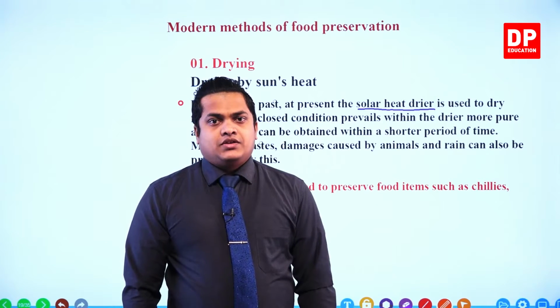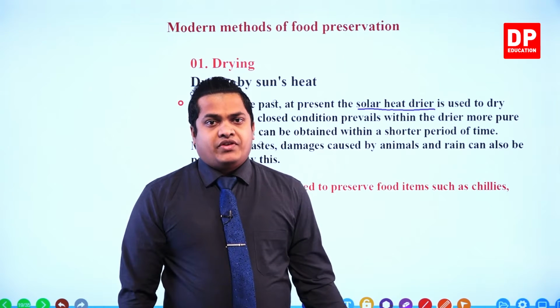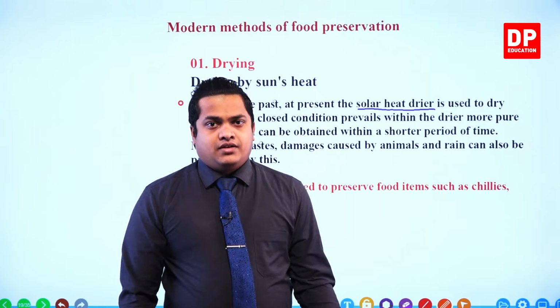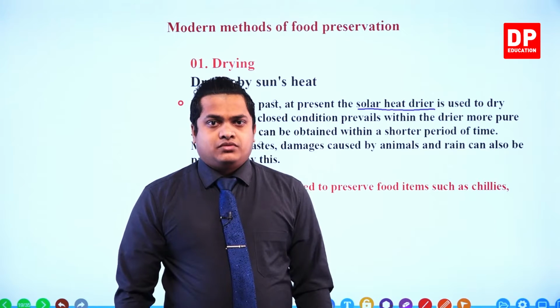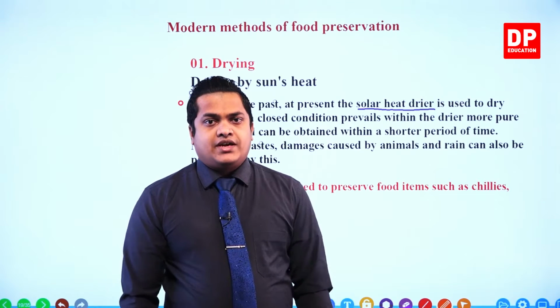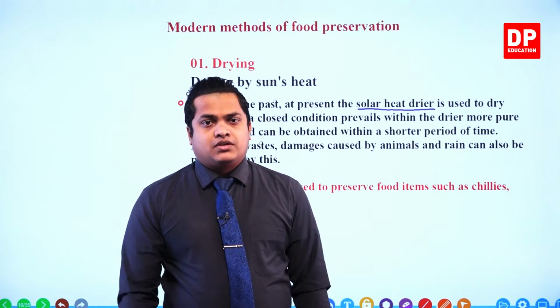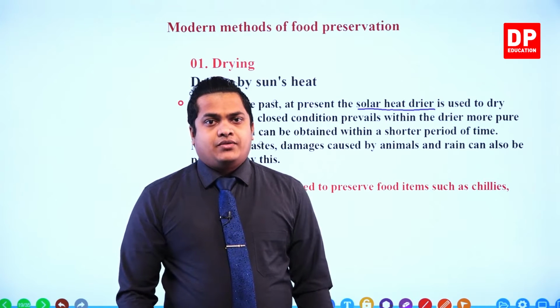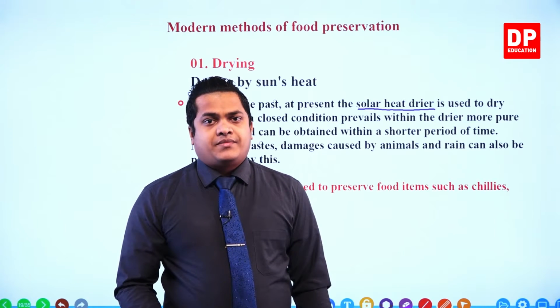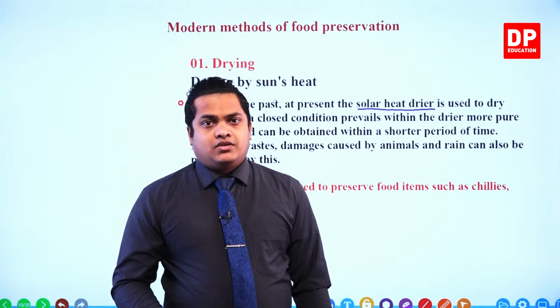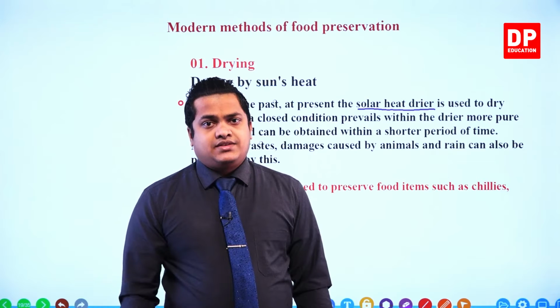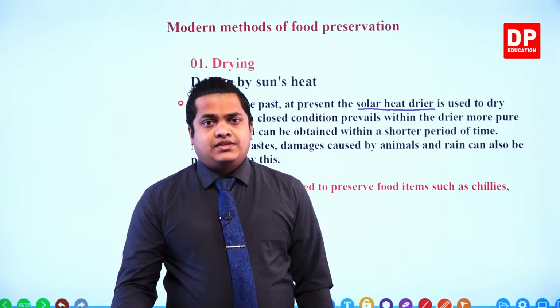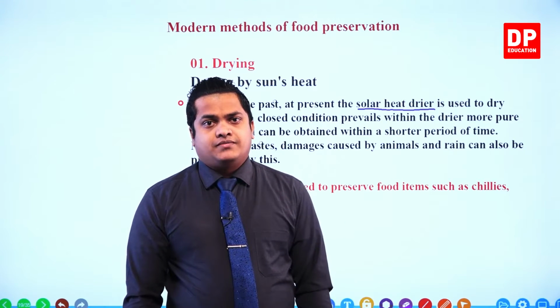Sometimes when you keep these things under the sun, you can't watch them all the time, because you have to do your other work. When you are away doing other work, birds and other organisms or animals may come and eat these things, or take them away to a different location.